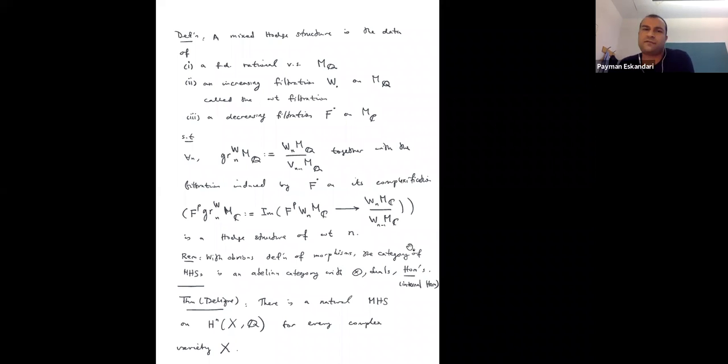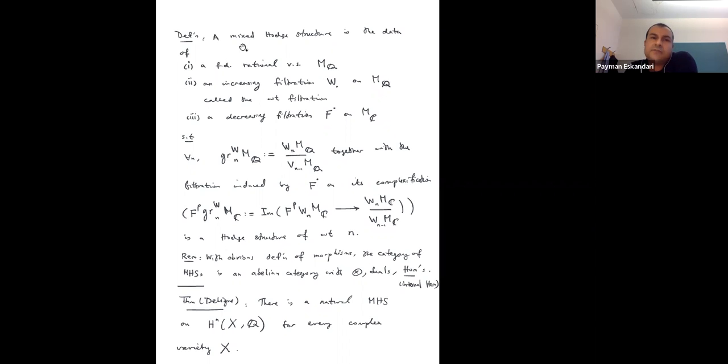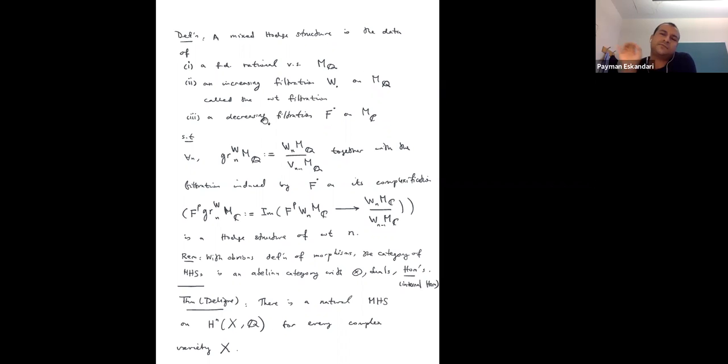But you're absolutely right. The definition makes sense with R as well. Okay, thank you. You could also, of course, talk about integral mixed Hodge structures. And in fact, here, there's an integral structure with coefficients in Z. But again, for the purpose of this talk, I really want to just work with the rational structures.